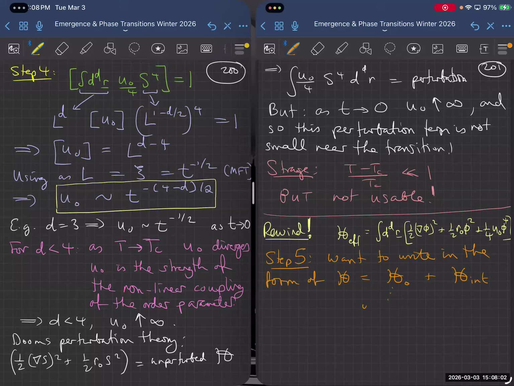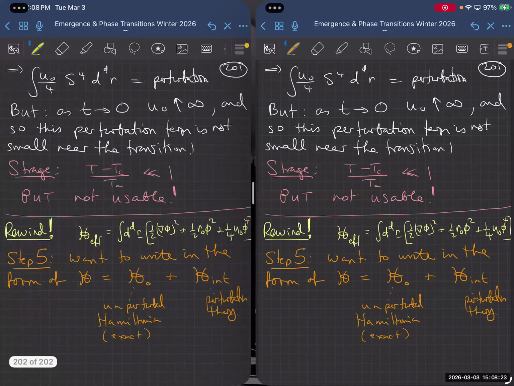So this is going to be our unperturbed Hamiltonian, which we can solve exactly. And then this is the one that we treat by perturbation theory. This is the thing that I missed out.